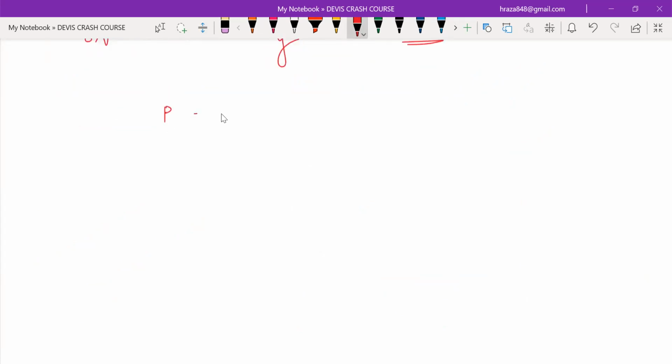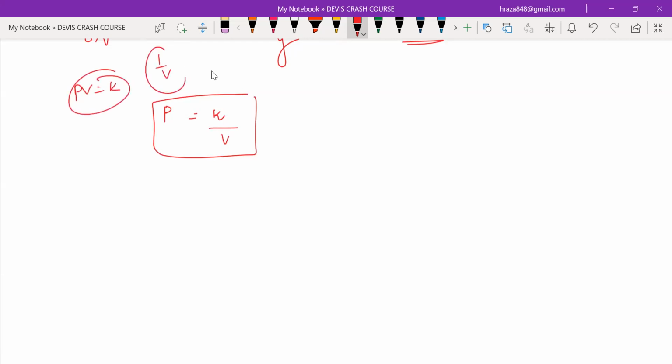P is equal to K upon V. I'm just using this equation. I can use this too, but since I need 1 by V and I don't need to fight with maths, I just did log P. Let me make it more simple for myself: K into 1 by V. So I can also write log K plus log 1 by V, right?